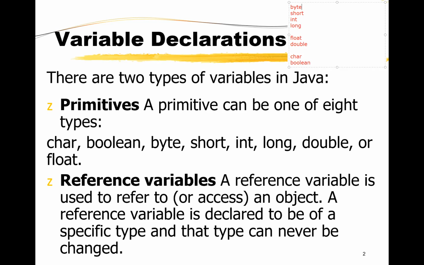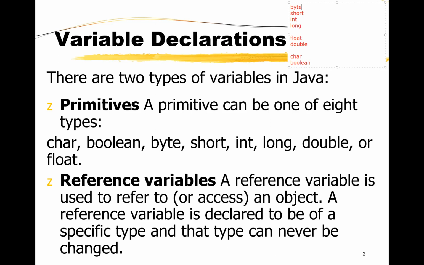And then the short. Short also can contain numbers, whole numbers, integers, but now 2 bytes. The size of a short variable is 2 bytes.